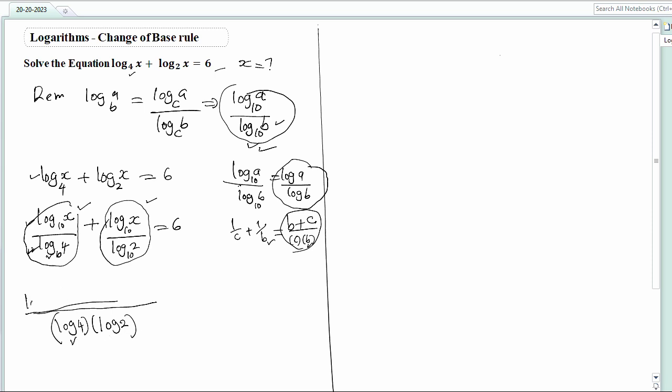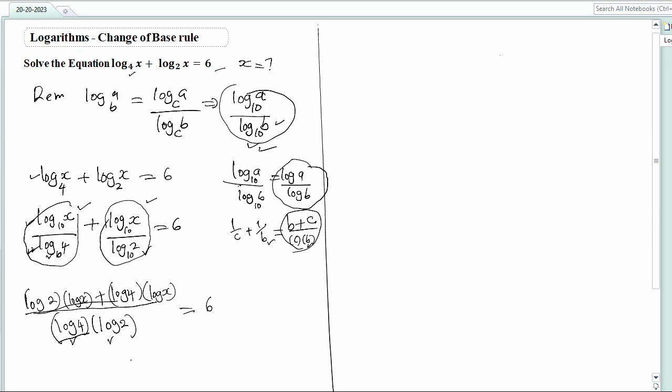You cover up log 4 and what is left is log 2. Now take that log 2 and multiply by the numerator, which is log x, and then this is added to log 2 base 10 into our LCM, which gives log 4. So you take that log 4, multiply by the numerator, which is log x again, and this equals 6.